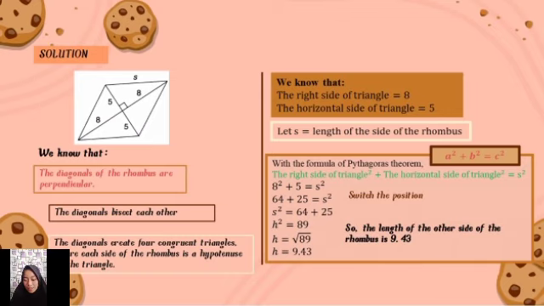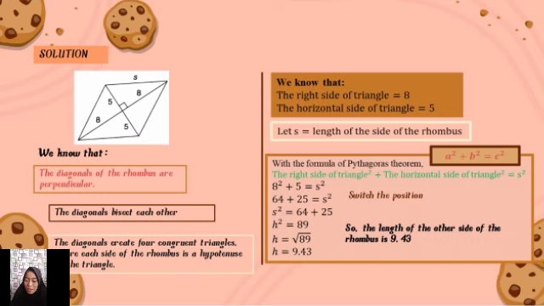The diagonals create four congruent triangles, where each side of the rhombus is the hypotenuse of a triangle. And we know that the vertical side of the triangle is 8 and the horizontal side of the triangle is 5.